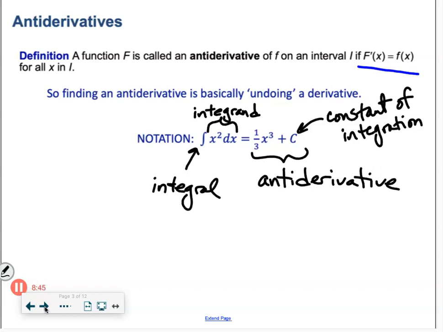One last little note, and then we'll move on, this dx right here. So dx has a lot of meaning embedded in it, but for you guys right now, all you need to think of it as is just this thing that tells you what the variable is. Just like when you first learned derivatives and we called it dy dx, the dx is just telling you we're doing the derivative of y with respect to x.